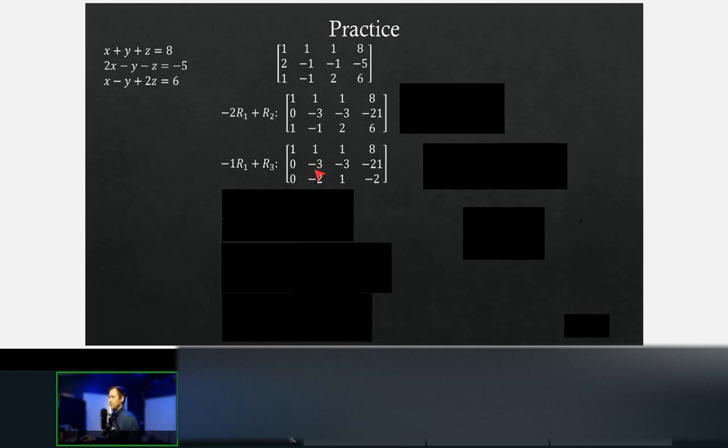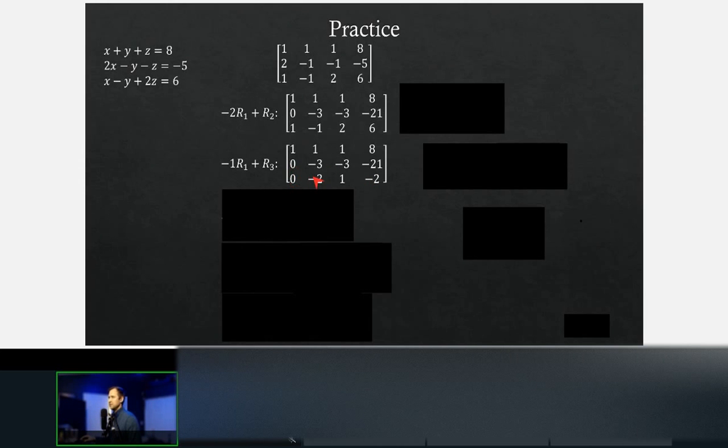So row 3 minus row 2, I'll write that in chat. Oh, wait. Oh, I wrote it backwards. Yes, Lizeth, you were actually correct the first time you said it. I read it as row 2 minus row 3. My fault, I'm a little blind. But yes, that would also work. We could do row 3 minus row 2.